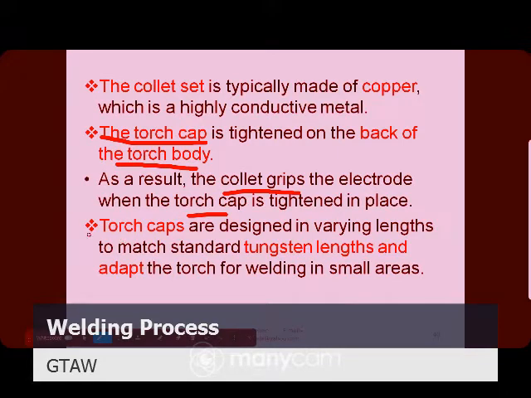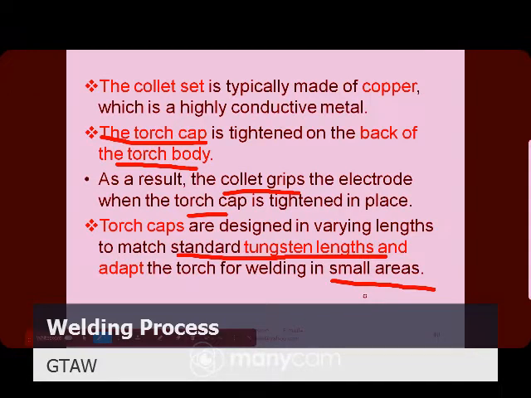Torch caps are designed in varying lengths to match standard tungsten electrodes and to adapt the torch for welding in small areas. This allows us to weld in different areas, small or wide.